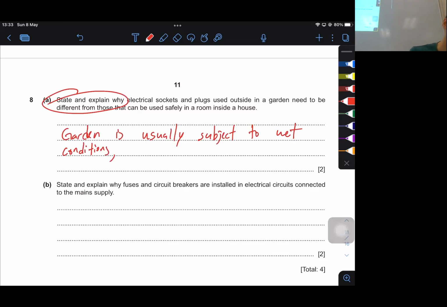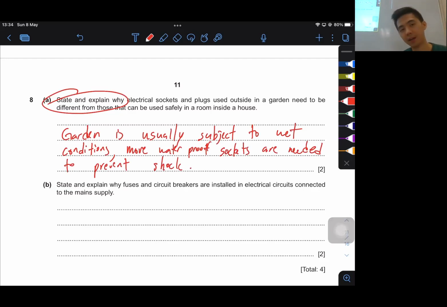You probably need more insulation, more waterproof or water resistant sockets to prevent shock. Anything logical.